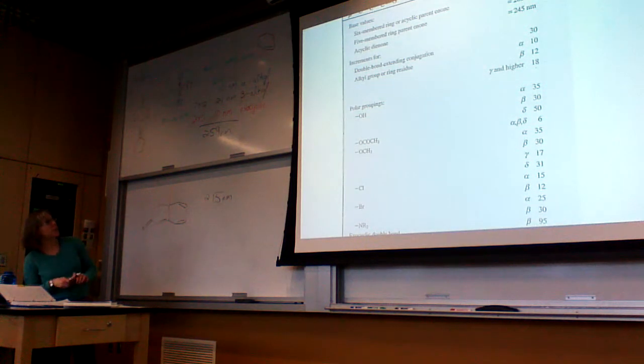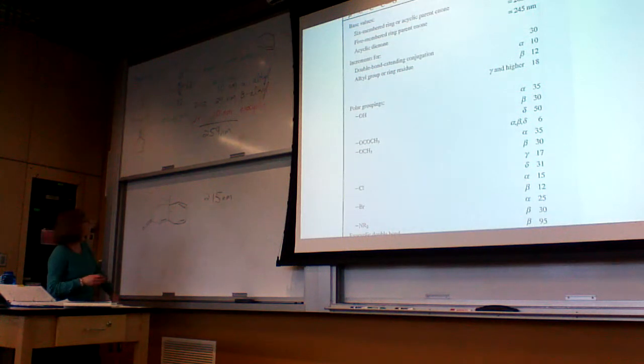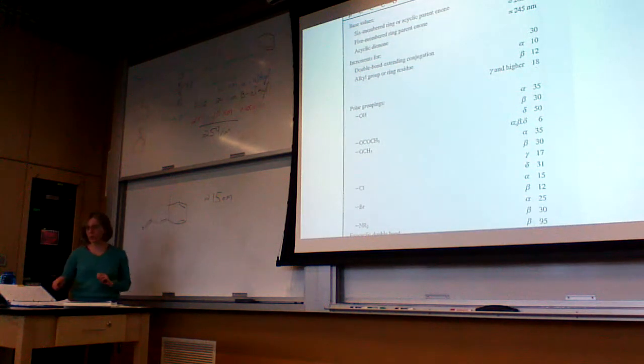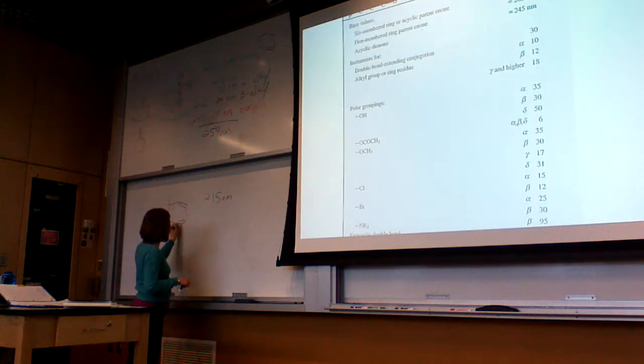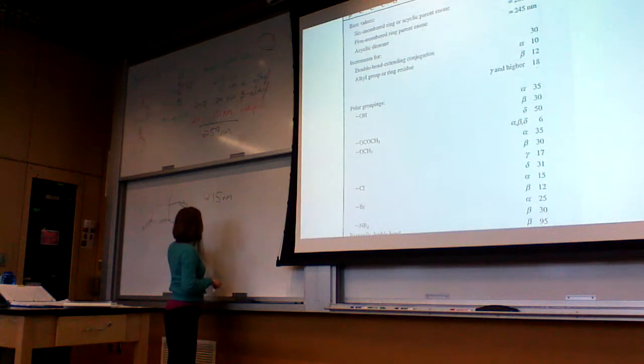We've got extended conjugation, so we've got 2 double bonds that are extending conjugation here, here. So 2 times 30 for 60.